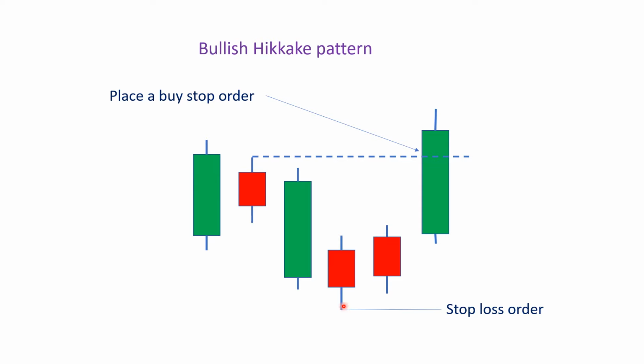Your profit target should be your next resistance, wherever is around this area, or a 2-to-1 reward risk ratio. That's how you place a trade in the bullish Hikkake pattern.